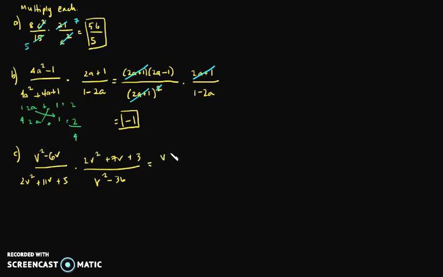Factor out b, that gives me b times b minus 6 all over. What is the factor of this general trinomial? Again, I'm going to look for the factors of 2, let's say 1 and 2. Then here, that gives me the sum of 11, so let's say 5 and 1. If I cross multiply, this gives me 1, this gives me 10.